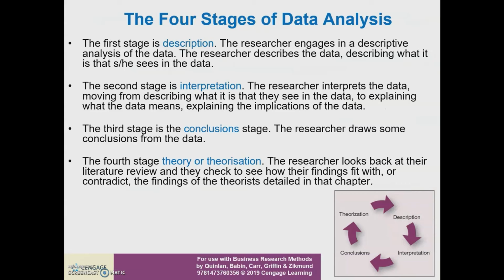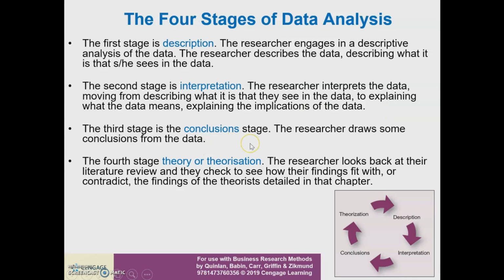Now we move on to the four stages of data analysis, which start off with description, interpretation, conclusions, and finish off with theorization. In the description stage, this is where you engage in descriptive analysis. You describe the data, describing what you actually see in the data. Next, you move on to interpretation, where you move away from describing what it is and now you're trying to explain what the data means, explaining the implications of the data.